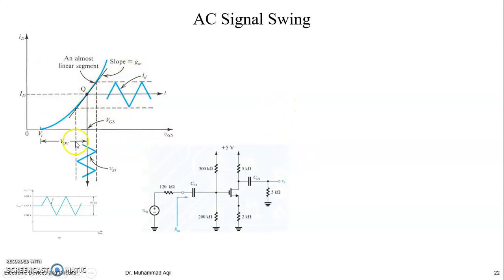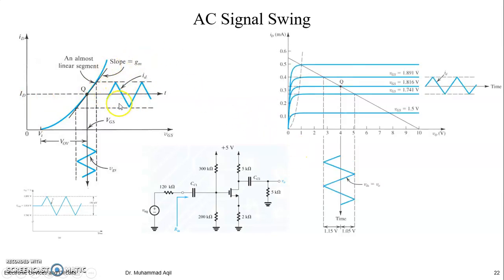As you apply this AC signal, total VGS increases, total ID increases. This is DC ID, this is the AC ID, and you have a total ID. If you subtract the DC value, you only see the peaks, consider this as 0, and this is only the AC signal.